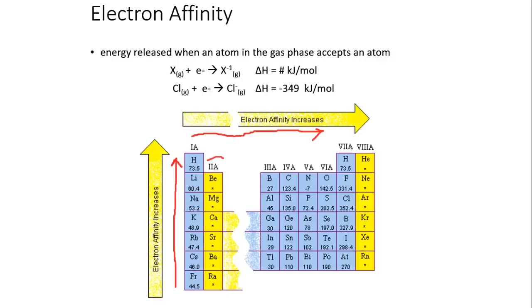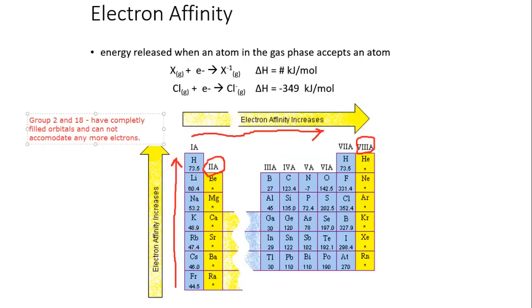Now notice here that 2A and 8A have asterisks. That's because groups 2 and 18 have completely filled orbitals and cannot accommodate any more electrons.